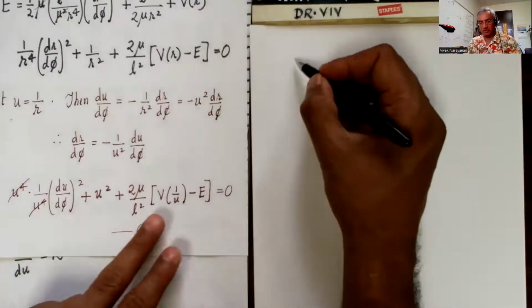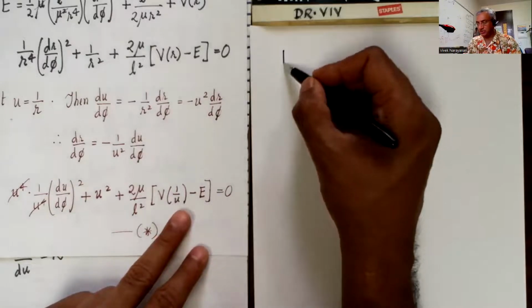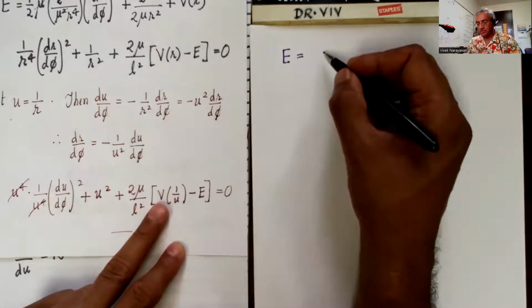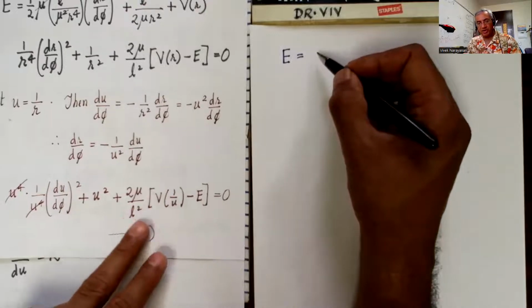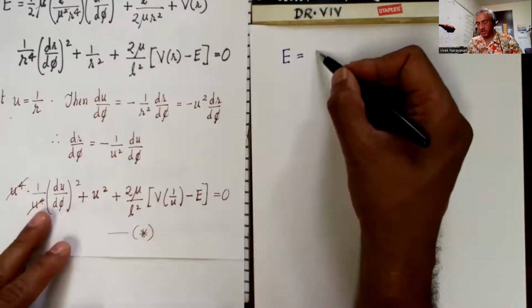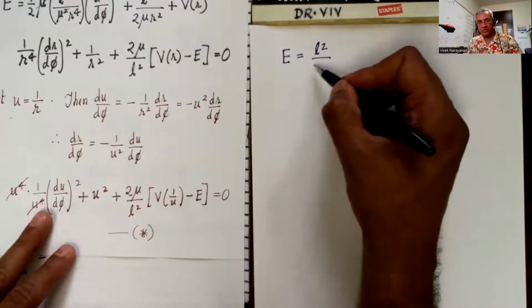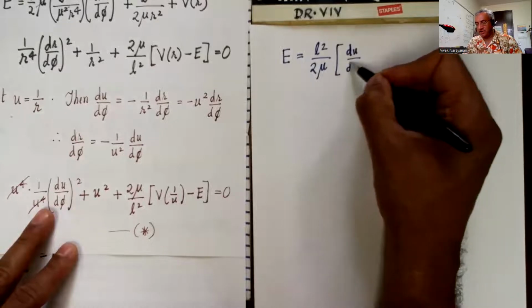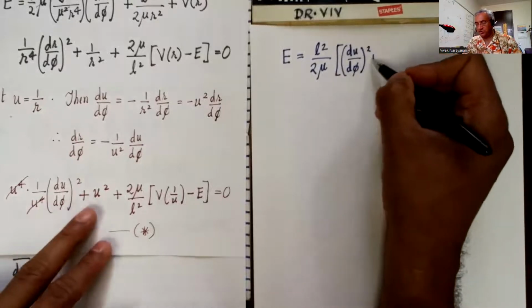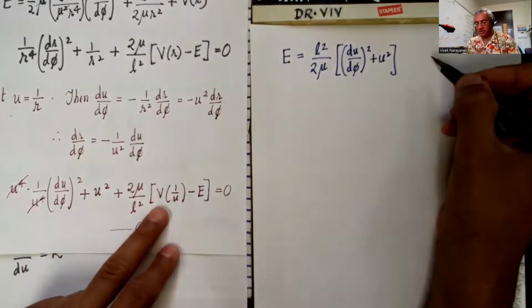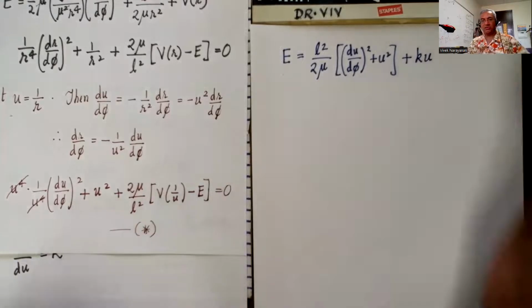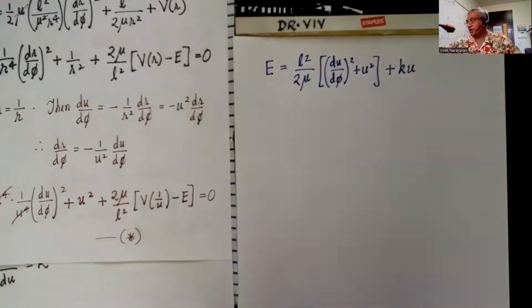So I'm going to rewrite this as follows. E is equal to, V is just Ku. I'll move this 2 mu over L squared back. So that's going to be L squared over 2 mu, attacking this time du by d phi squared plus u squared. And now I have the V exposed all by itself, but V is Ku. So I've used equation star to write energy like that.